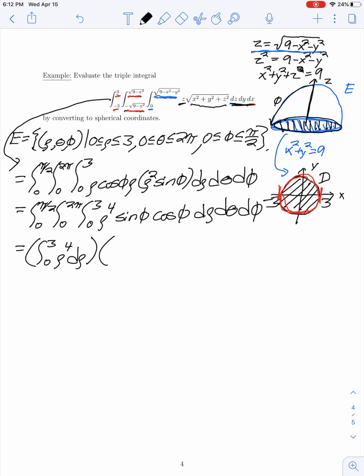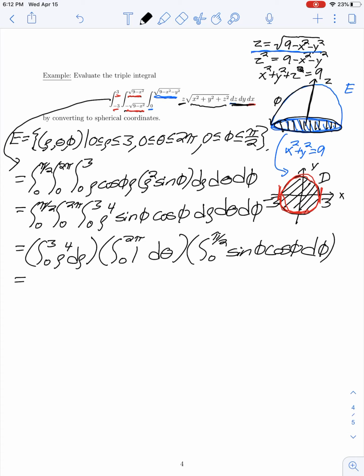But because the integral of this function with respect to theta is constant, I can pull it out in front of the phi integral, and I'm left with the integral from 0 to 2 pi of 1 d theta times the integral from 0 to pi over 2 of sine phi cosine phi d phi.